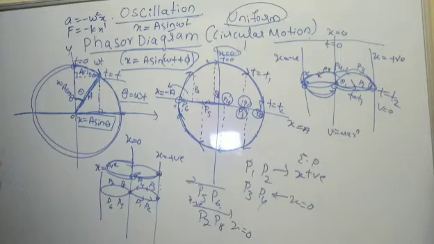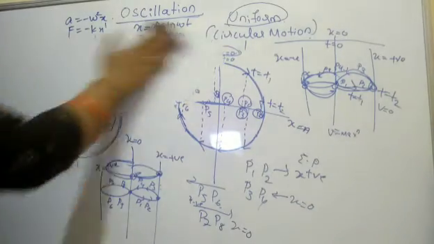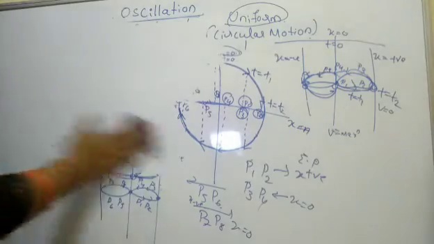So let us go ahead with understanding one small problem, so that it will be easy to understand. So projections are taken as x here. So let us take one problem.